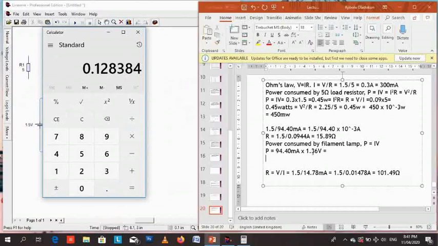This should be the power consumed. But since we've already started using the calculated value to get the resistance, let's just be consistent and use the calculated value and not the measured value.